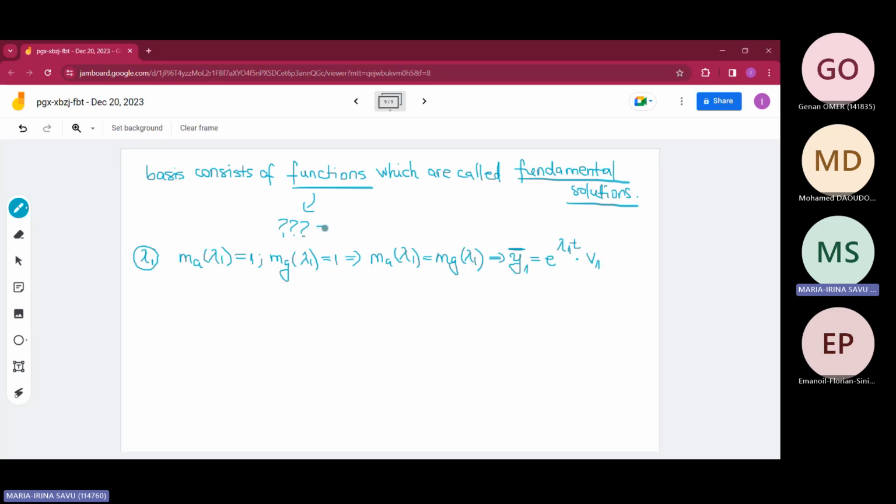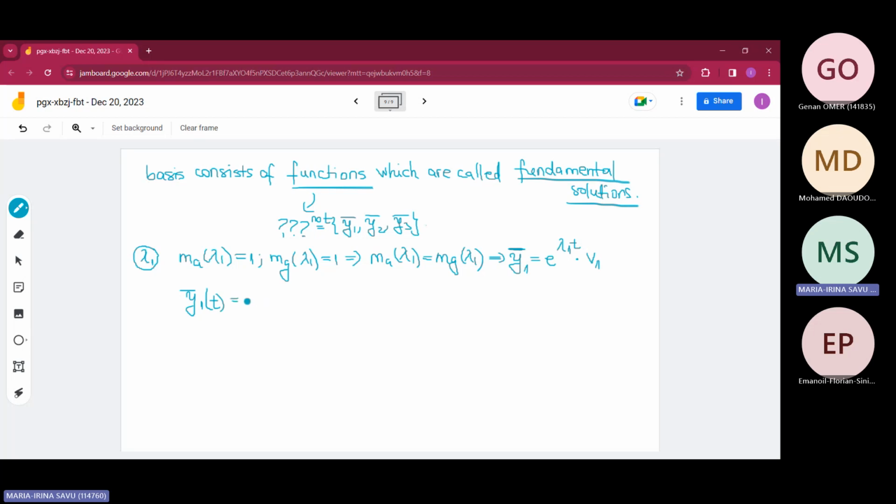These functions are denoted here by y1 bar, y2 bar, y3 bar, let's say. And this y1 is actually a function which depends on t.